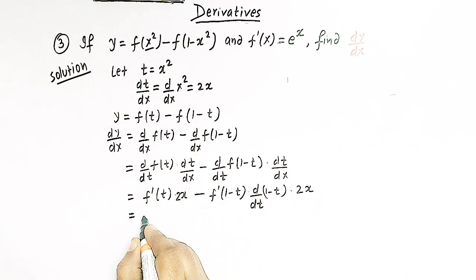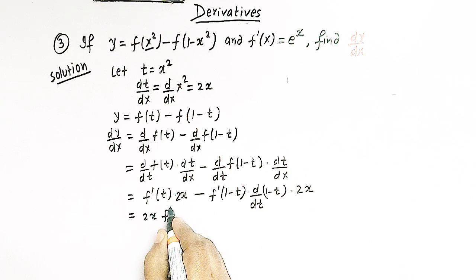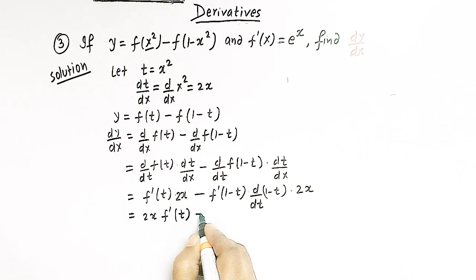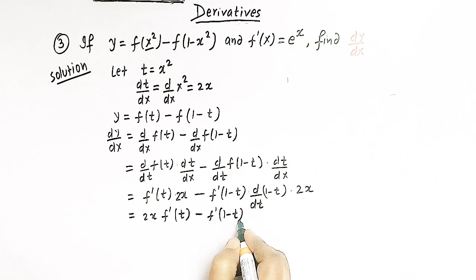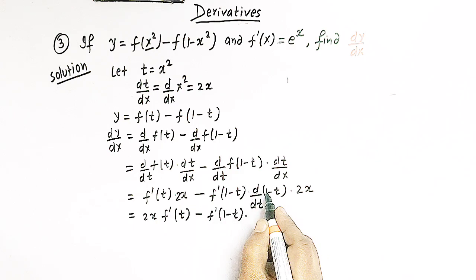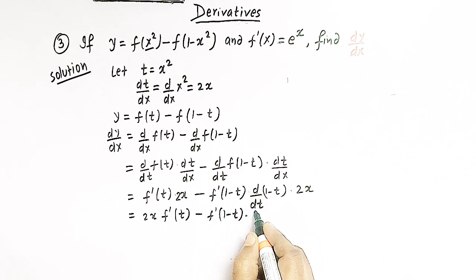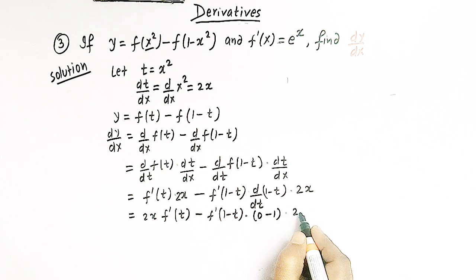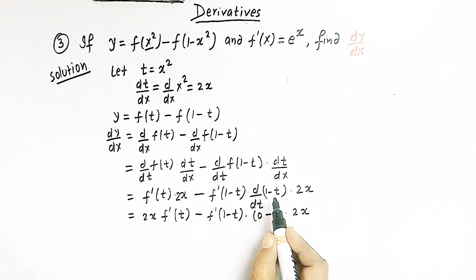So now this is 2x f prime of t, minus f prime of 1 minus t, and the derivative of 1 minus t with respect to t is 0 minus 1, and here we have 2x. The derivative of 1 is 0, and the derivative of t with respect to t is 1.